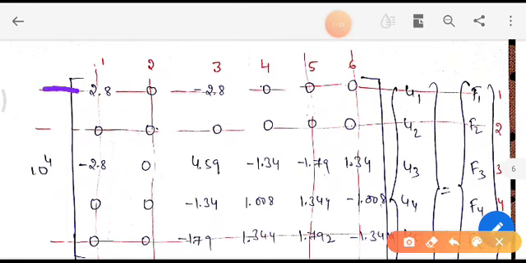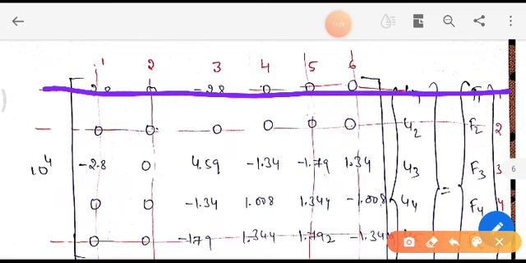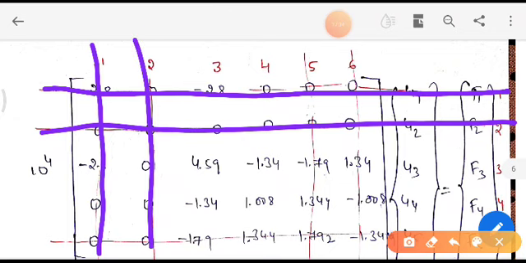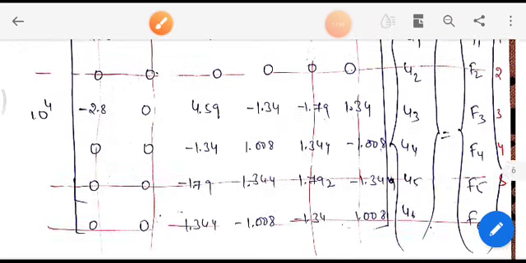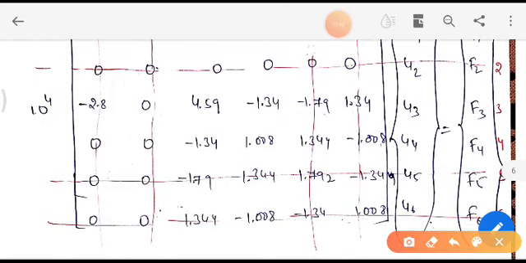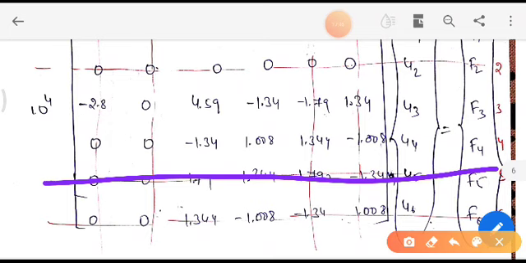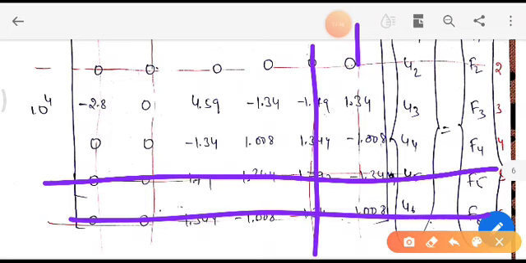So this is our first row and first column, and this is our second row and second column. Similarly, we have the fifth row and fifth column, and the sixth row and sixth column.